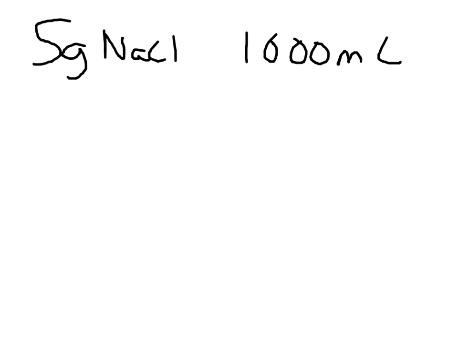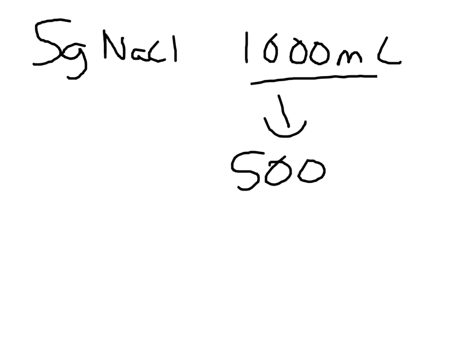But for our purposes in the lab, we only need 500. Okay? Well, we can't just dump all of this sodium chloride into that because we want to maintain that ratio. So if we're only using half of this solution, which is not described, we can say it's distilled water for our purposes, we need to figure out how much we need of the sodium chloride.